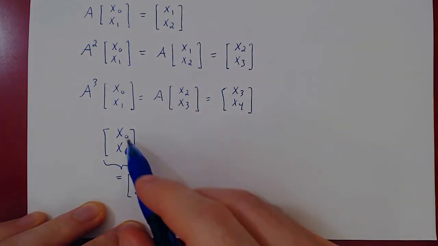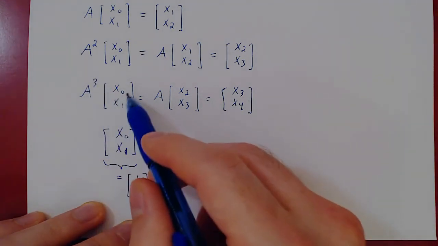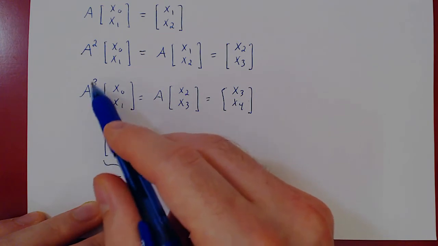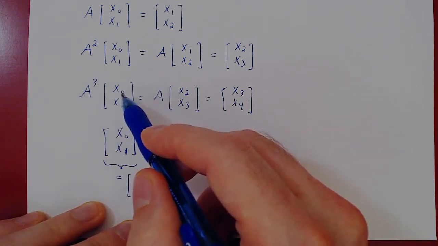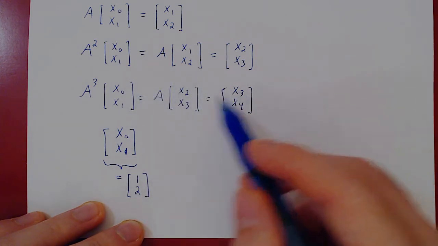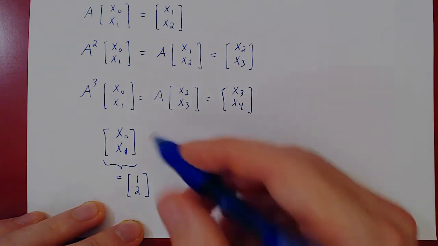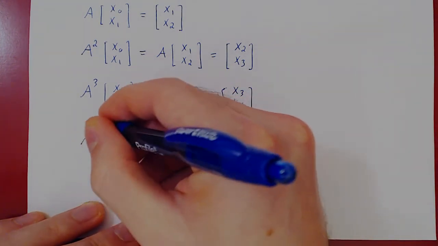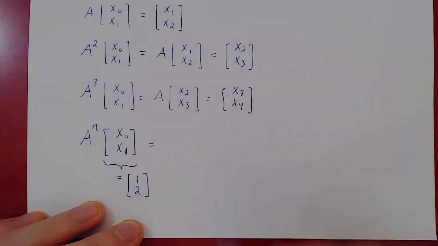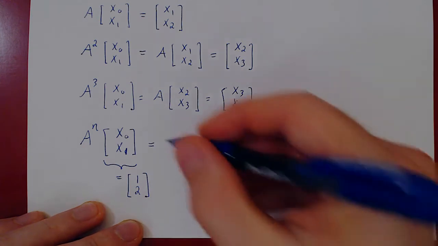And if you want to drive the sequence forward by n units, if you multiply this by A 3 times, you move the sequence forward by 3 steps, so x0 becomes x0 plus 3, x1 becomes x1 plus 3. So if you multiply the initial vector values by A n times, every time you multiply by A, you move the sequence forward by one step.